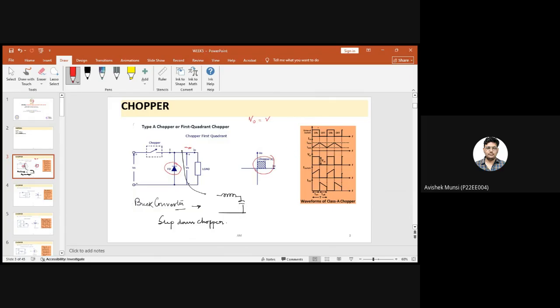This is the turn on and turn off time of the switch. During the turn on time, the current will rise, and during the turn off time, the current will decrease. This is my output voltage, which we get for that period of time. And the switch current rises, and when the switch is off, the switch current will be zero. Right.